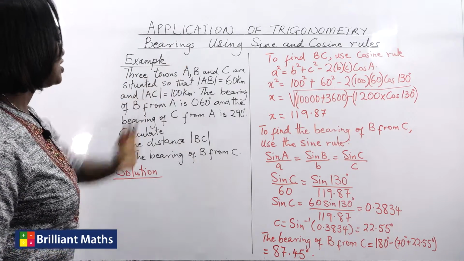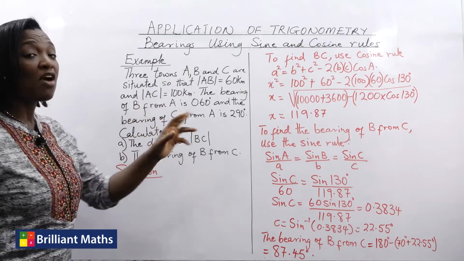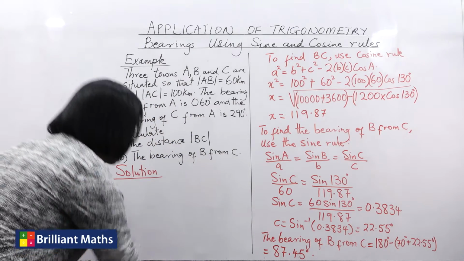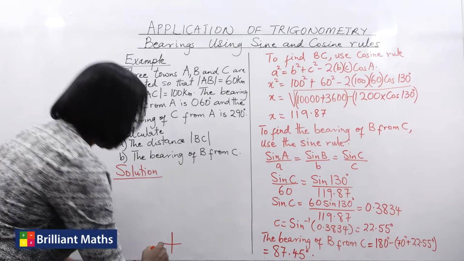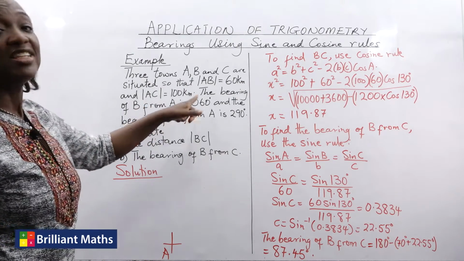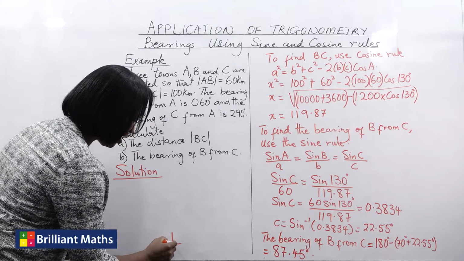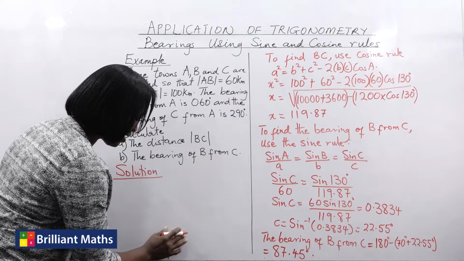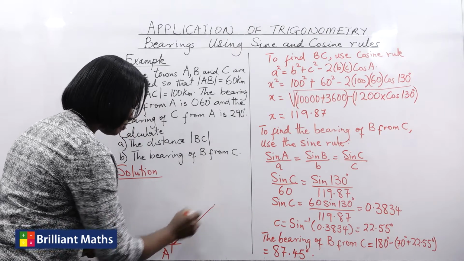So, ABC, we have the bearing of B from A. So, the starting point is A. So, that's our A. The bearing of B from A is 060 degrees. So, it's here, kind of. Going up.